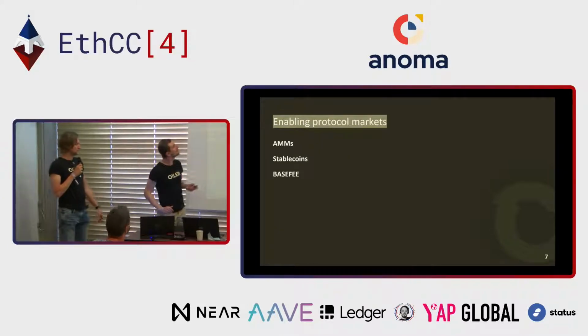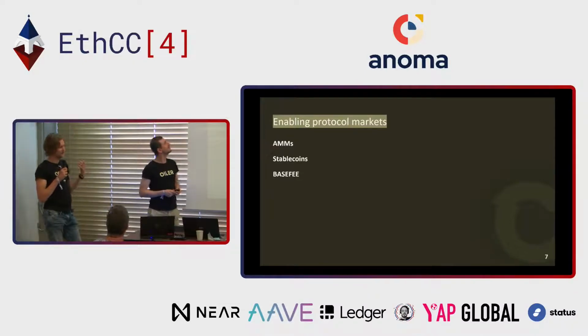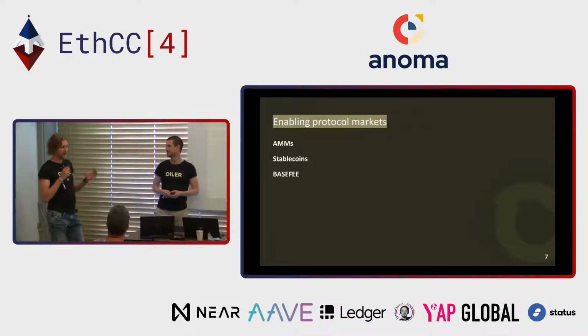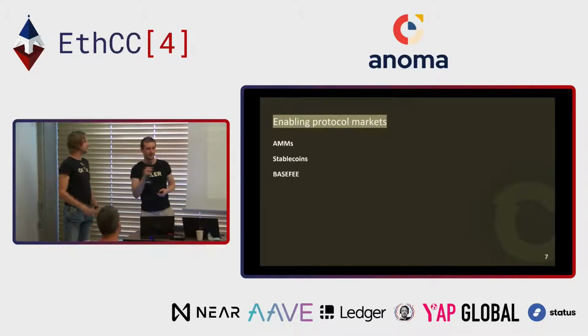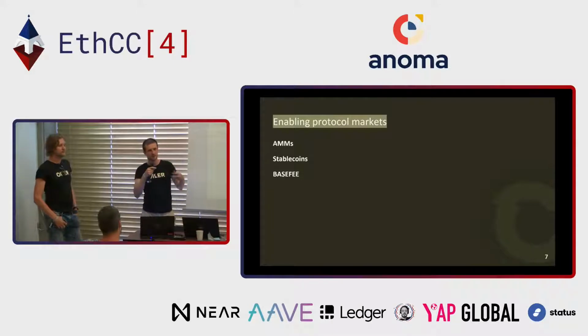Okay, so now Tomasz will tell about what was in the past that enabled us to do all this that we do. Yeah, sure. When I think about blockchain protocol markets, a few years ago I was thinking about blockchain native derivatives and observing gas prices. It was not really possible to observe gas prices without the risk of reading something massively manipulated by the miners, and some other things were not available.